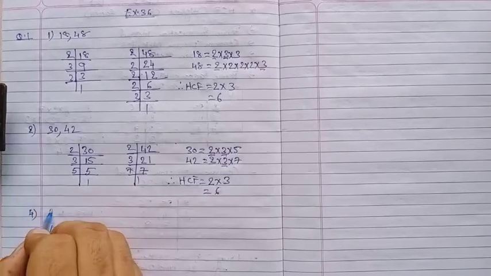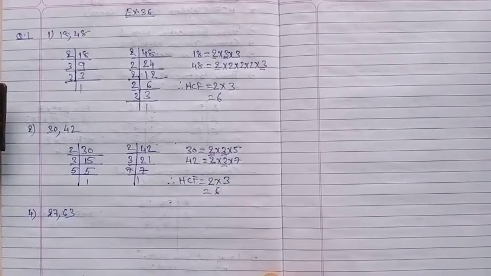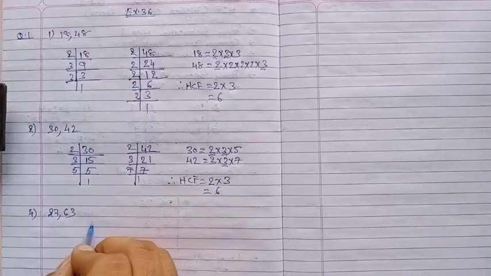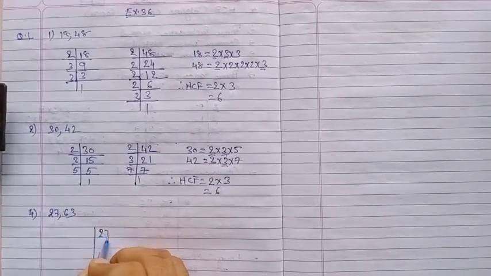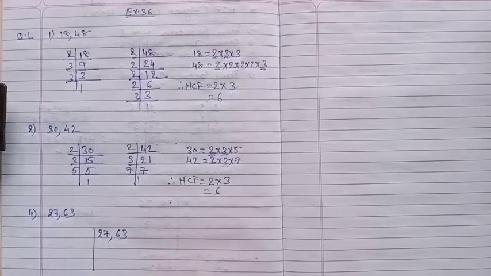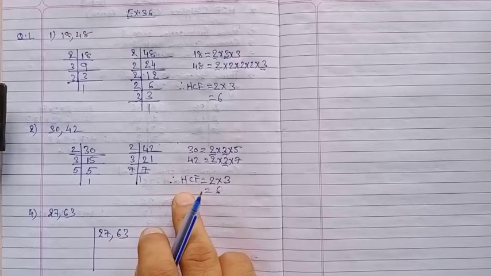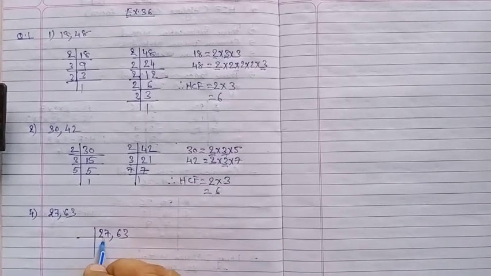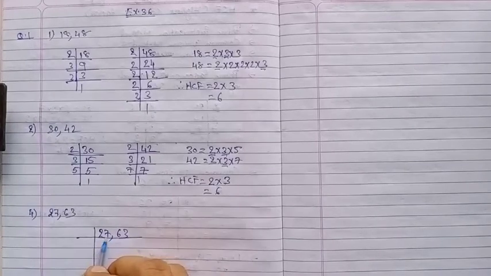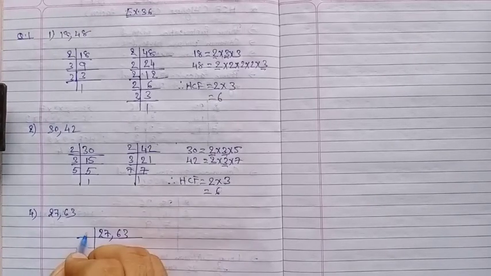Fourth one I am doing by common division method. Common division method, what we have to do, we have to take both the numbers together, 27 and 63. The third one which is remaining, that you have to do it by prime factorization method only. Fourth one, from fourth we are starting with common division method. So now both are divisible by 3. 2 plus 7 is 9, 6 plus 3 is also 9.